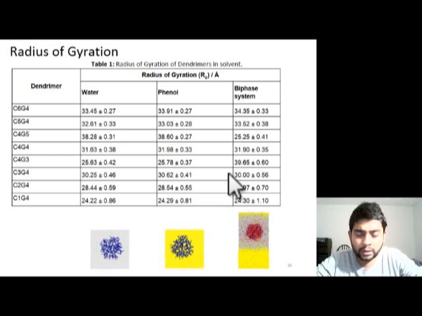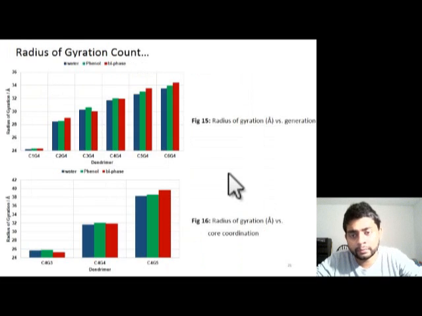This is our radius of gyration data, and we plot radius of gyration versus different dendrimer co-coordination. We observe radius of gyration increases when co-coordination is increased, because the dendrimer increases its mass, and it tries to densify its mass near the outer layer.